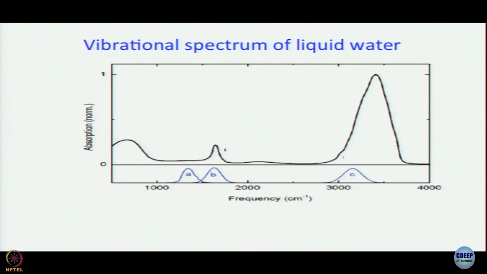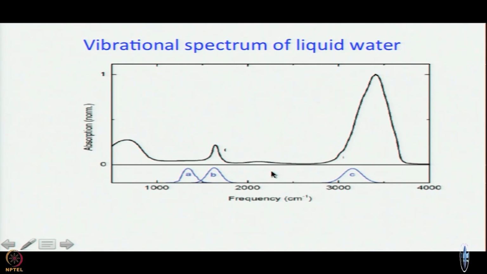So, to start with, let me show you a vibrational spectrum of liquid water. And here the only difference between this and the vibration spectra that you usually record is that the y axis is absorbance, not percentage transmittance as it usually is with IR spectrum, but this is a regular steady state FTIR spectrum. Now, here you see three major features, 1, 2, 3, and you see a broad feature here and a broad feature here.